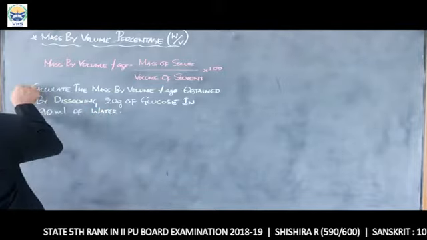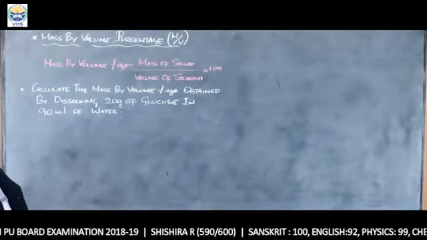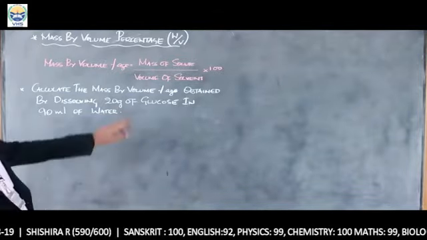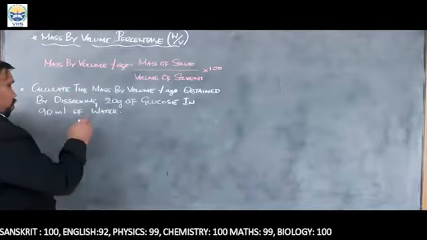This one fine? So calculate the mass by volume percentage obtained by dissolving 20 grams of glucose in 90 ml of water. So we can apply this formula.